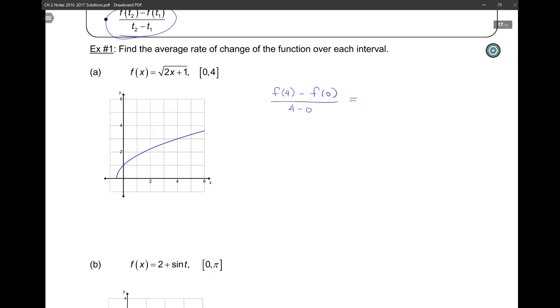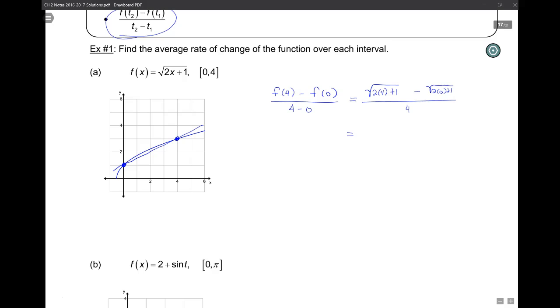Basically what I'm saying is from this point to this point, what's the slope of the line? If I have the graph, this is really easy to see, but since we have the function, let's do it that way and then confirm. So we have square root of 2 times 4 plus 1, minus the square root of 2 times 0 plus 1.